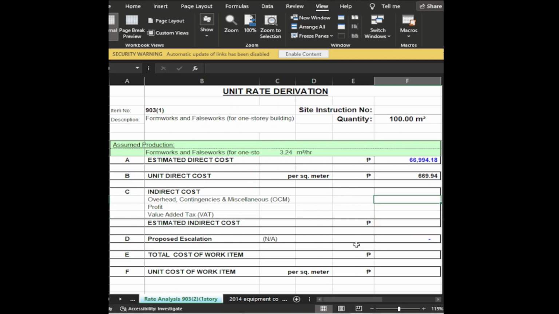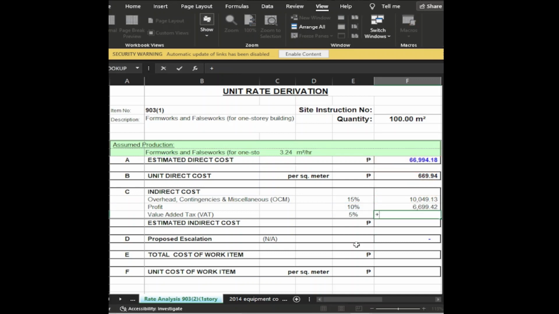So our overhead or the indirect cost is, we have OCM of 15%, 10% for profit, then 5% for the value added tax. So multiply this 15% to our estimated direct cost, then 10% for our profit to estimated direct cost.